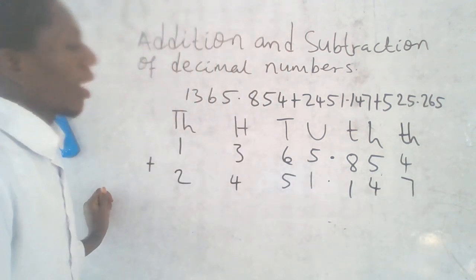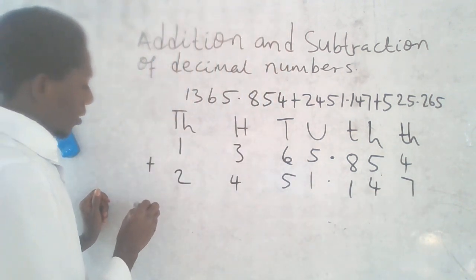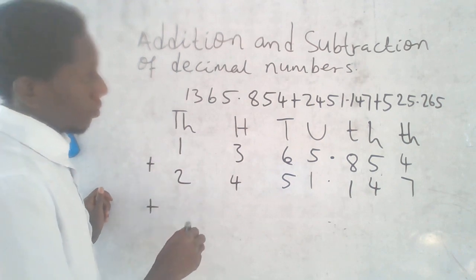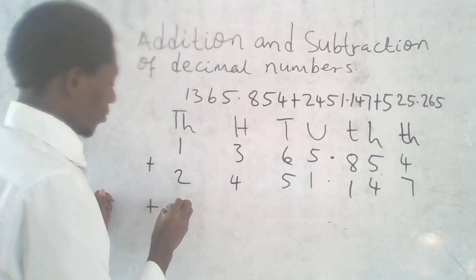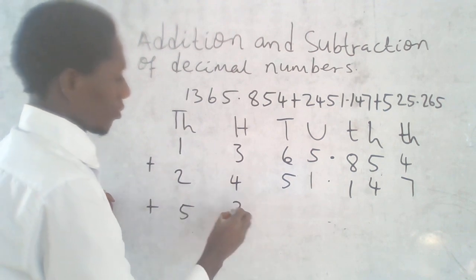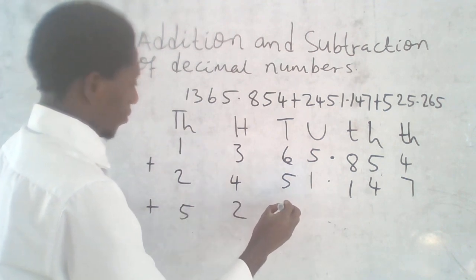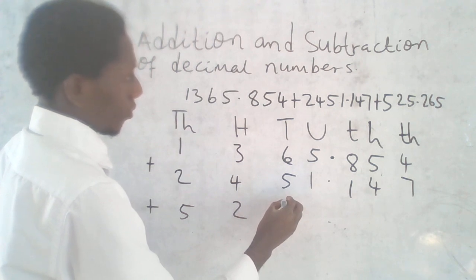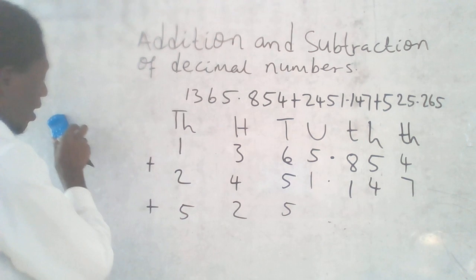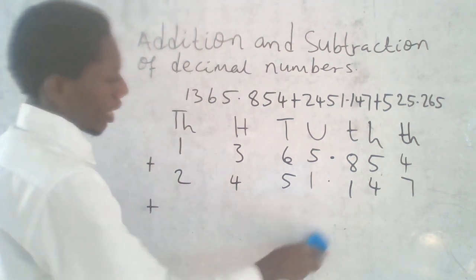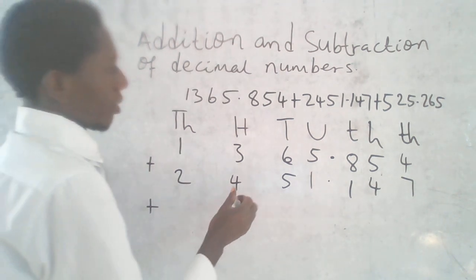2451.147, and then also we have 525. Okay, 525 is now up to 1,000, so we have to arrange this correctly.